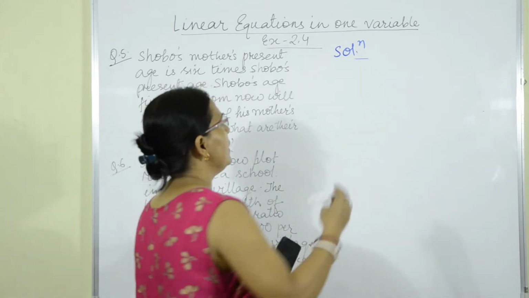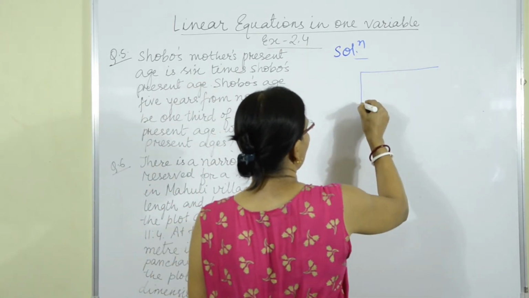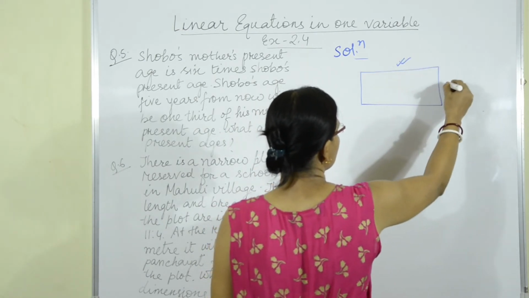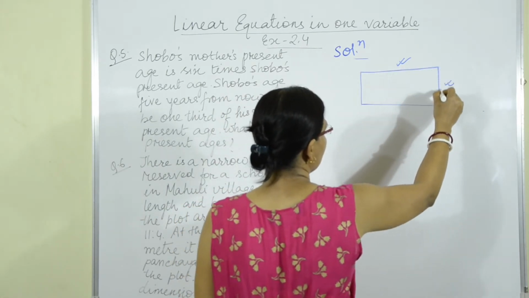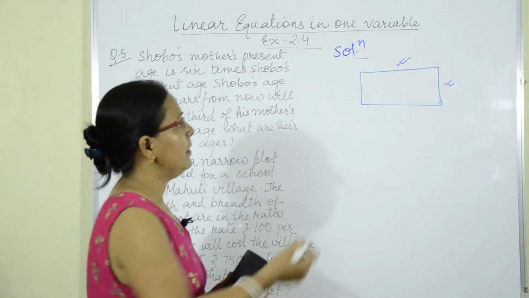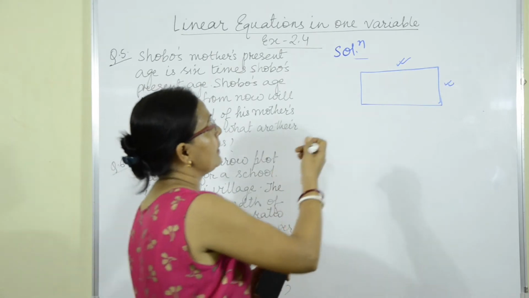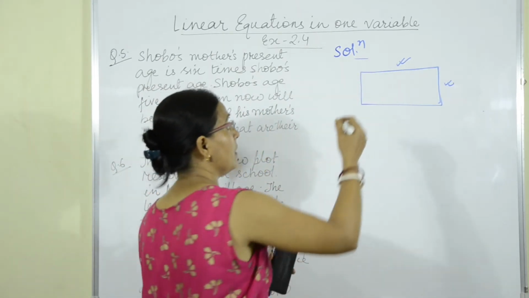So, here say for example, this is a narrow plot and this is the length and this is the breadth. Now, when it is talked about fencing, we are talking about the perimeter of the rectangular plot. I hope you know this, right? Here we are talking about the perimeter because fencing is done on the boundaries.